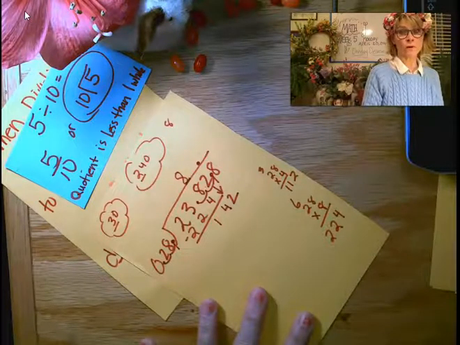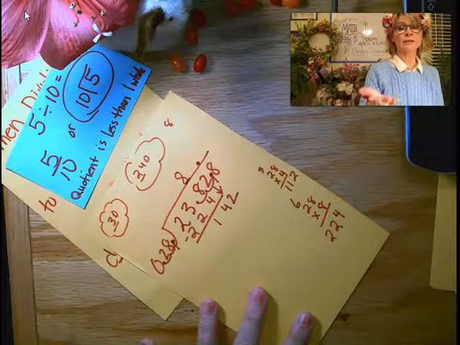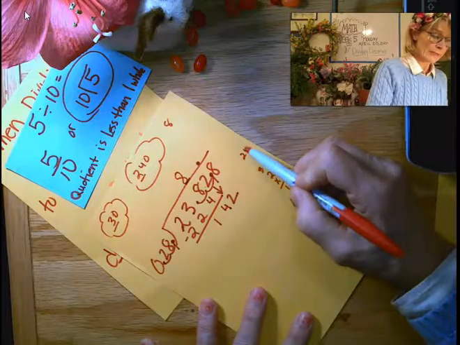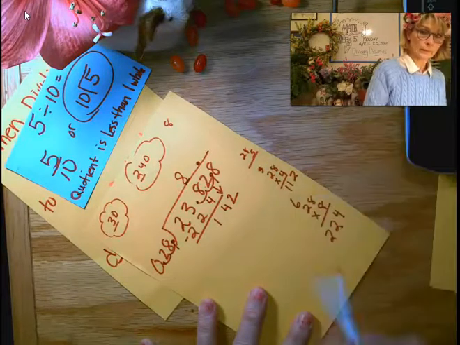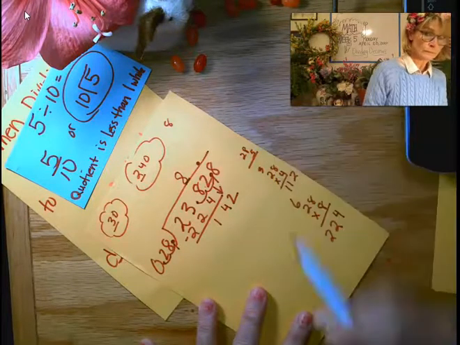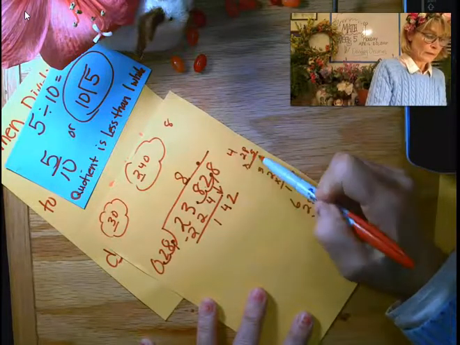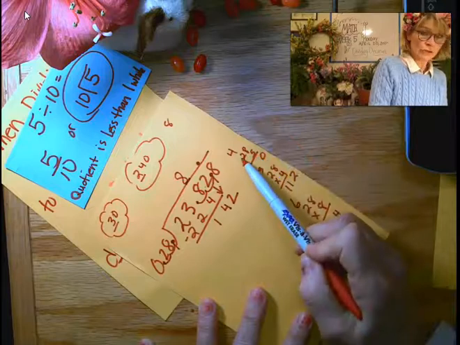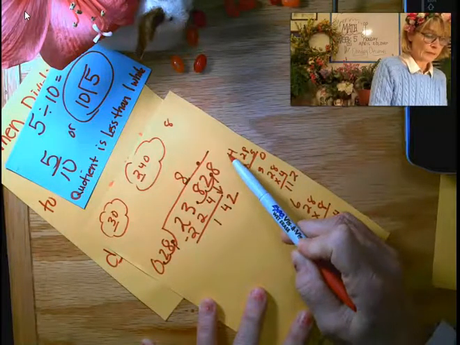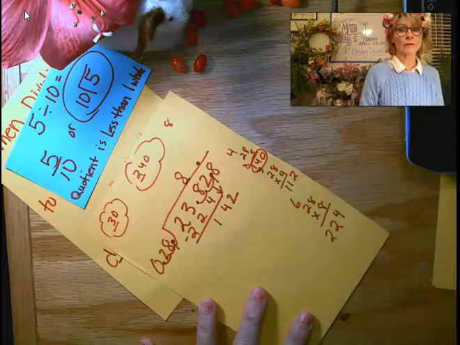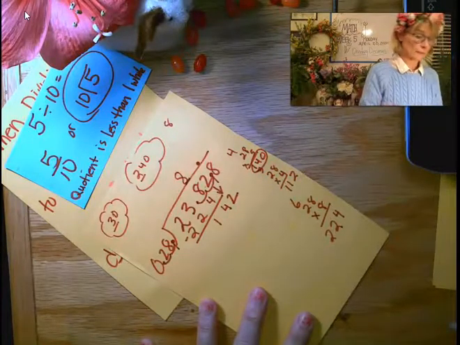Instead of trying 4, I'm going to adjust that quotient up to 5 and see if that's closer. So I'm going to do 28 times 5. I know 5 times 8 is 40, and then 5 times 2 is 10, plus 4 more is 14. Alright, and 140 is very close, so 5 is a good choice.